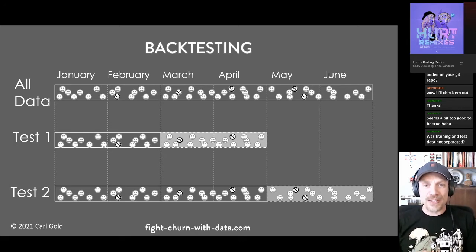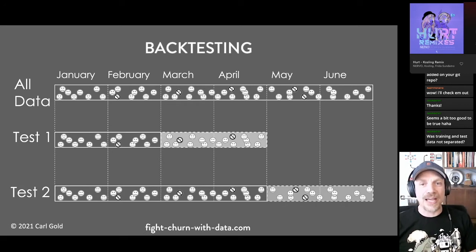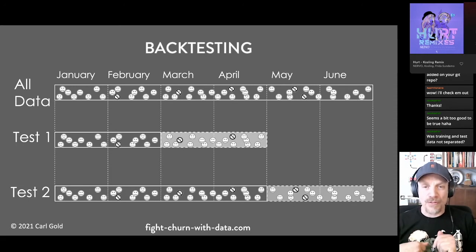But the reason you don't want to test on the data that was used to fit the model is that for a model like XGBoost, it can really learn too much about the data. And it will actually memorize details of your training set, and then it'll have an artificially high accuracy on them.